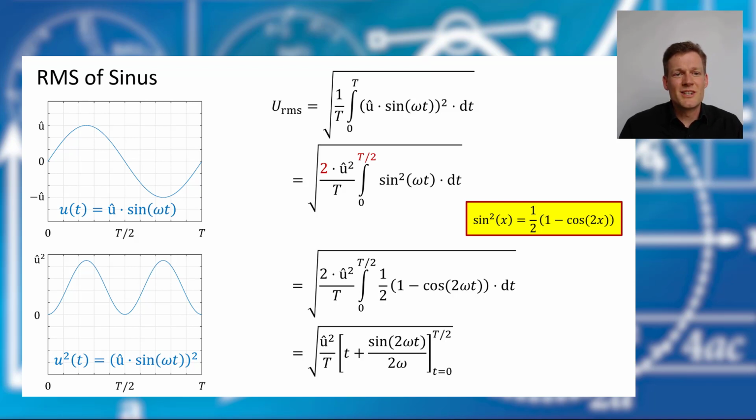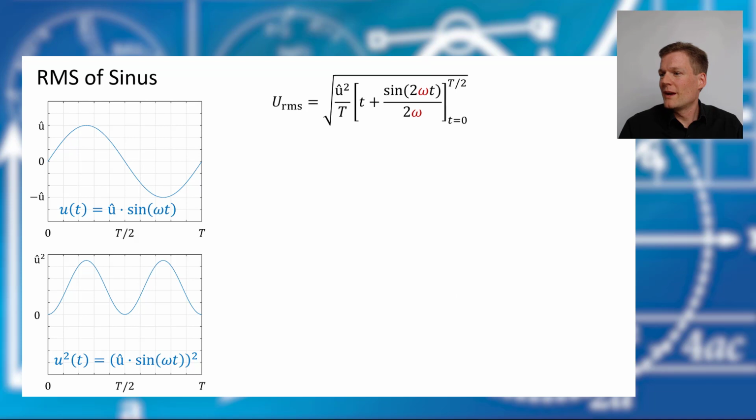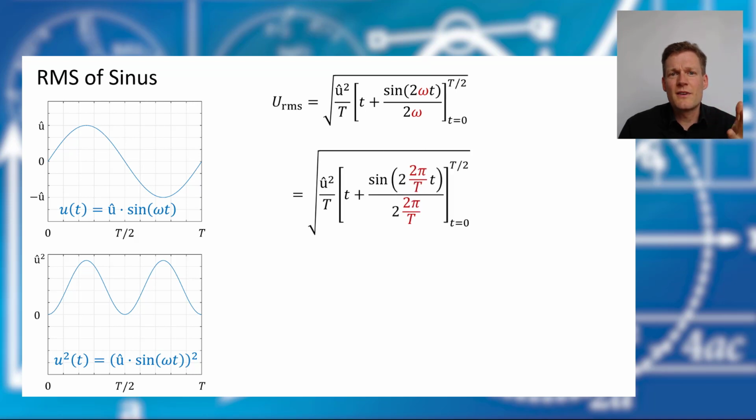I start a new sheet. Okay, we had this, and now in the first step I will rewrite this omega. You remember omega was defined as 2 pi divided by capital T, the periodic time.